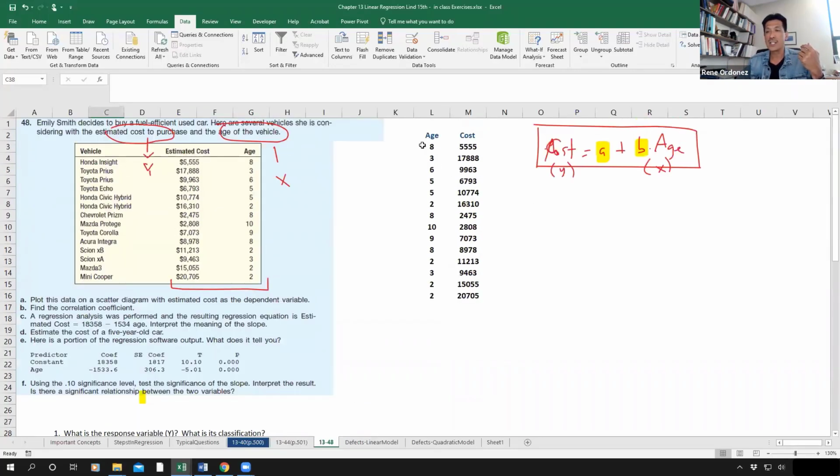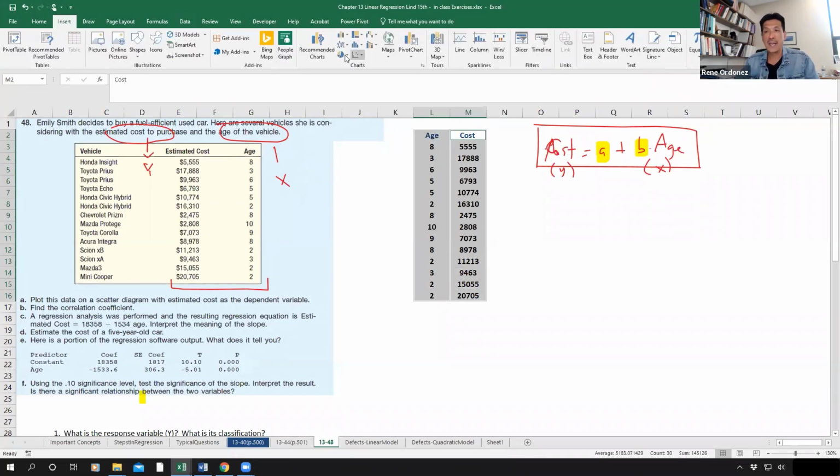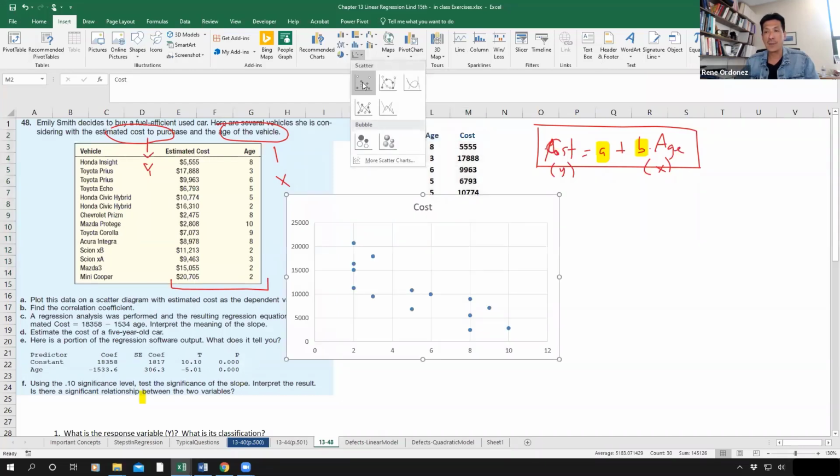Here's the data. We highlight the X variable first, and then pressing the control key, highlight the Y or dependent variable. Then we select insert, select the XY scatter plot, and choose this first one.